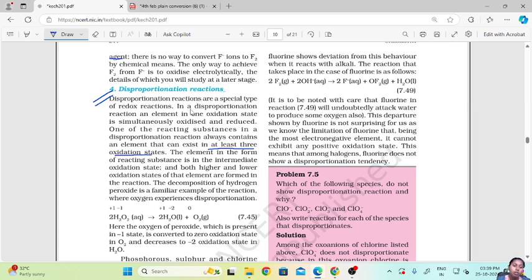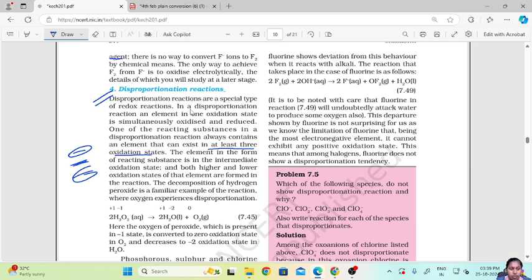The element in the form of the reacting substance is in the intermediate oxidation state, and both higher and lower oxidation states of the element are formed in the reaction. So if it has 3 oxidation states, in a reaction the higher and the lower oxidation states are formed, and the reacting substance is kept in the intermediate oxidation state.